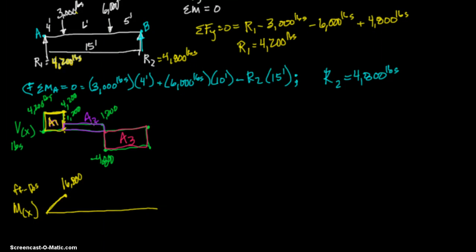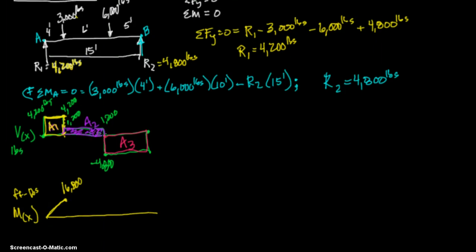Anyways, we'll continue on. So we're still in the positive region. We're looking at A2, which is right here, and you have 1200 high times 6 foot equals 7200. So we're still adding. Since this is still positive, we want to do 7200 plus 16800. So A2 equals 7200, and A1 equals 16,800. Together, at this point, we get 24,000.